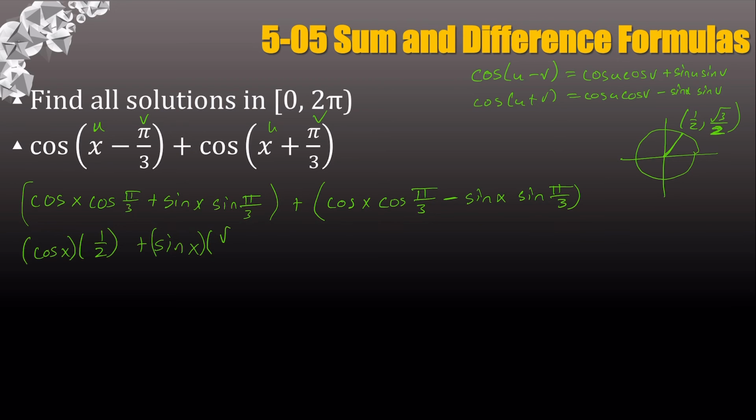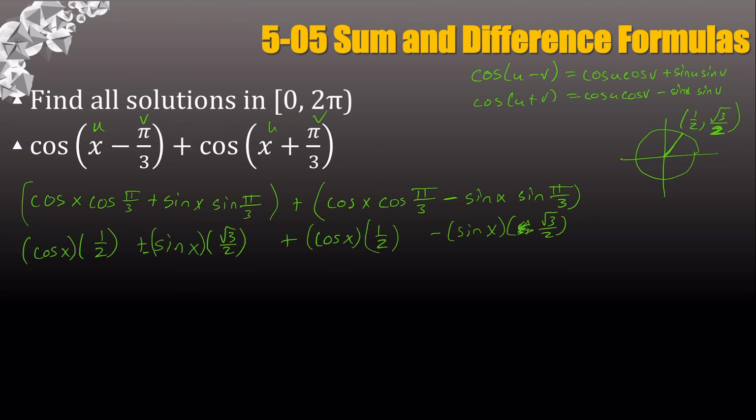Sine of pi over 3 is square root of 3 over 2.